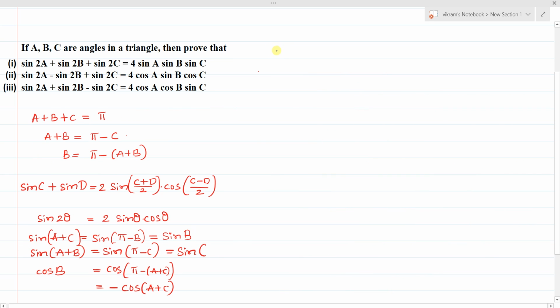Next question is sin 2A minus sin 2B plus sin 2C, and we can rewrite this as sin 2A plus sin 2C minus sin 2B.